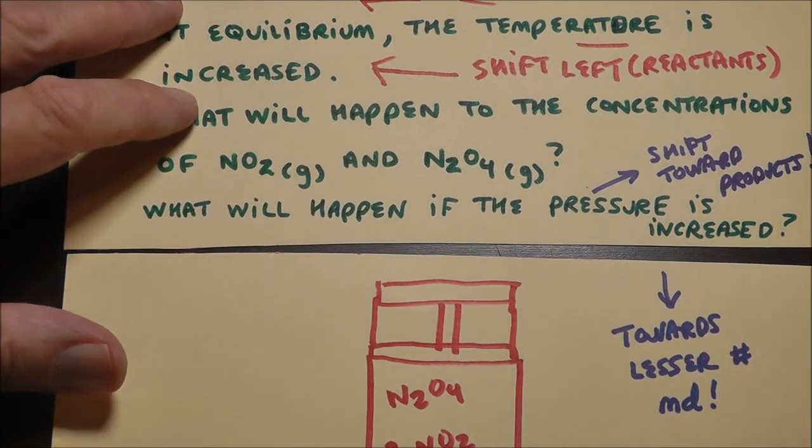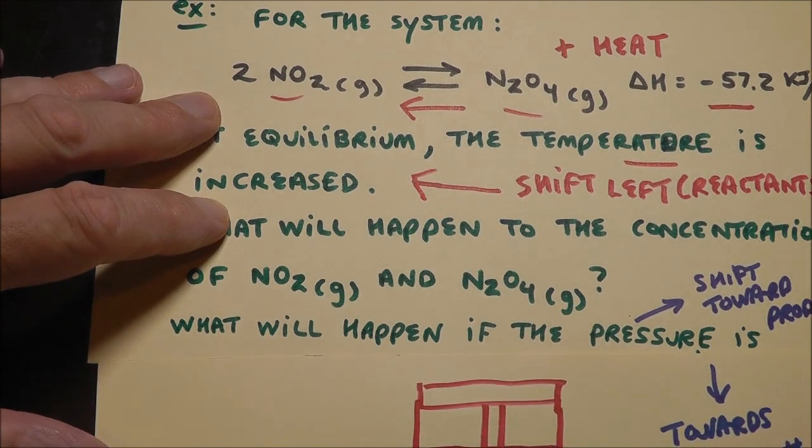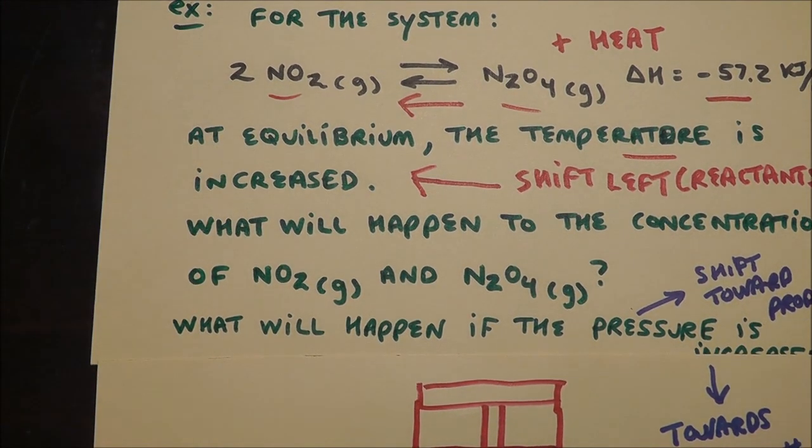And that's what would happen. The concentration of NO2 would decrease, and the concentration of N2O4 would increase, and we didn't do anything except squeeze on it with a piston.